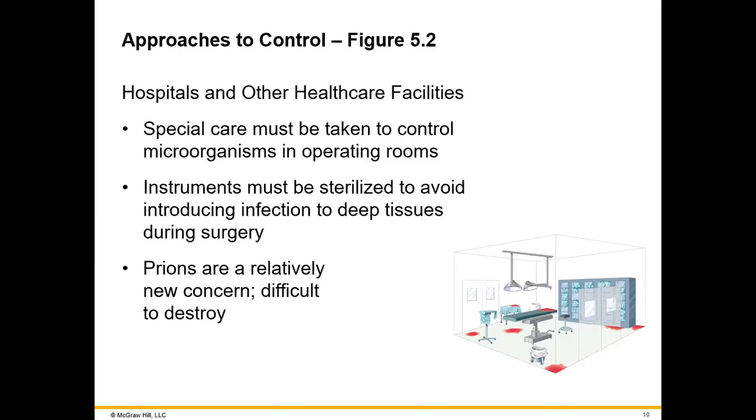Those that are plastic are typically not reused, so they are single-use material, again to minimize contamination and transmission of infections. So those are single-use plastic instruments that are thrown away after each use.